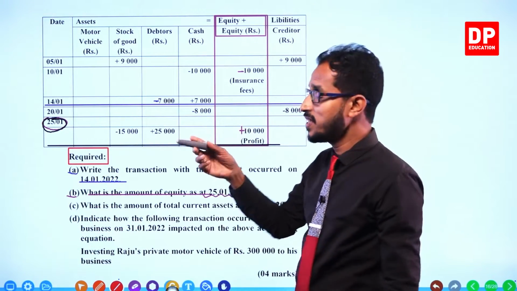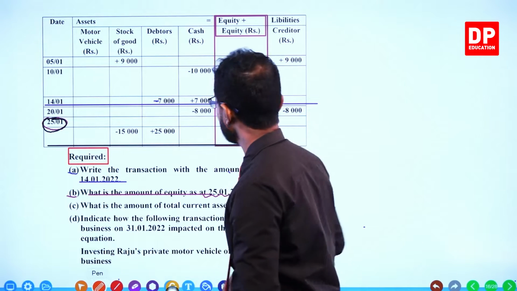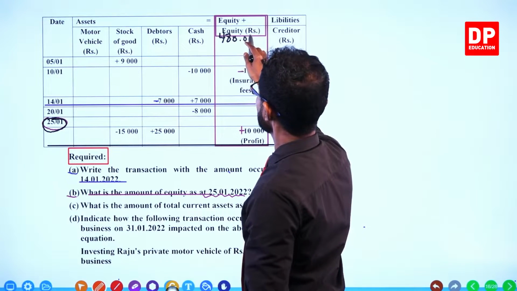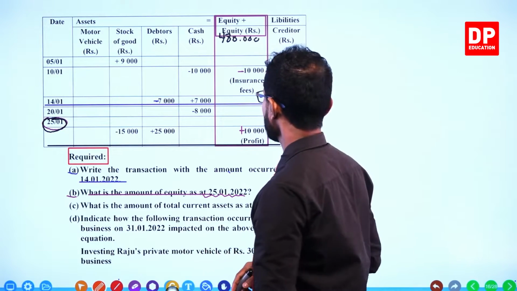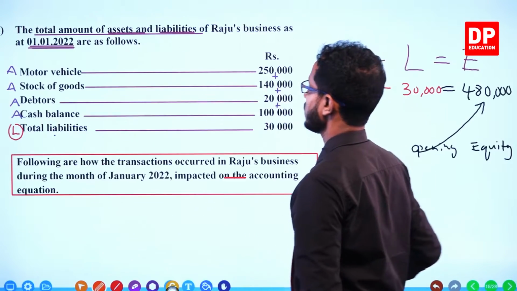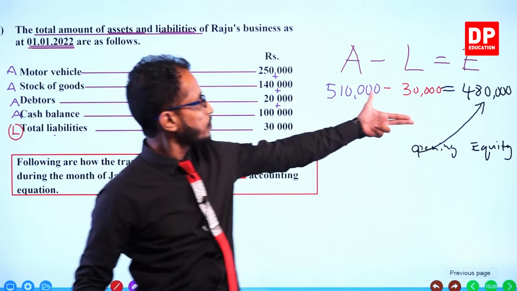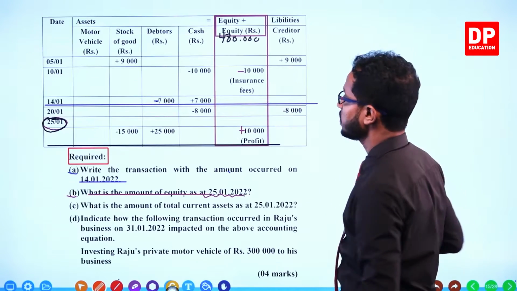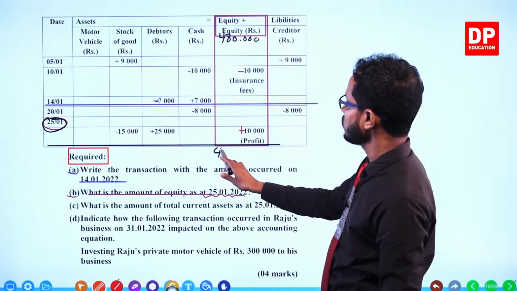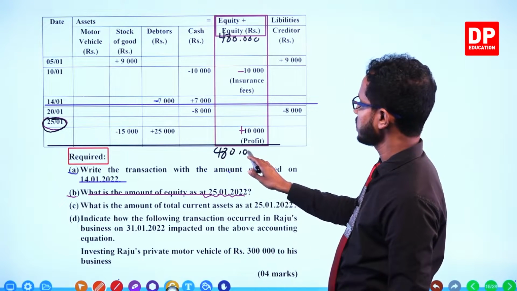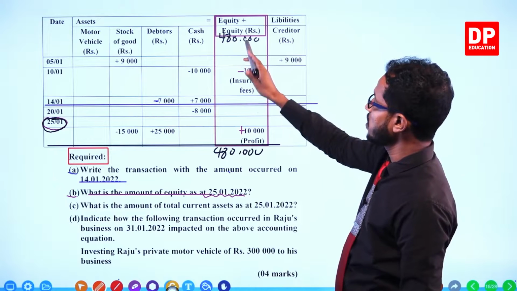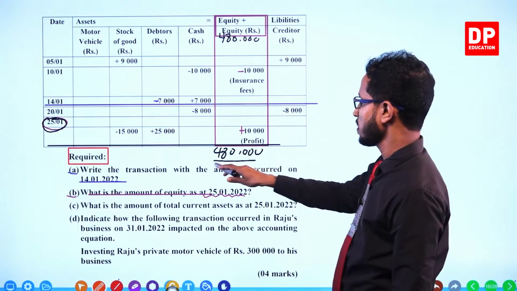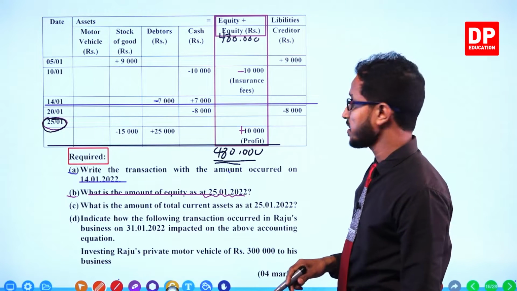So opening equity is 480,000, like we calculated right here. Then closing equity becomes the same, 480,000, because 480 minus 10, again plus 10, answer is the same, 480.